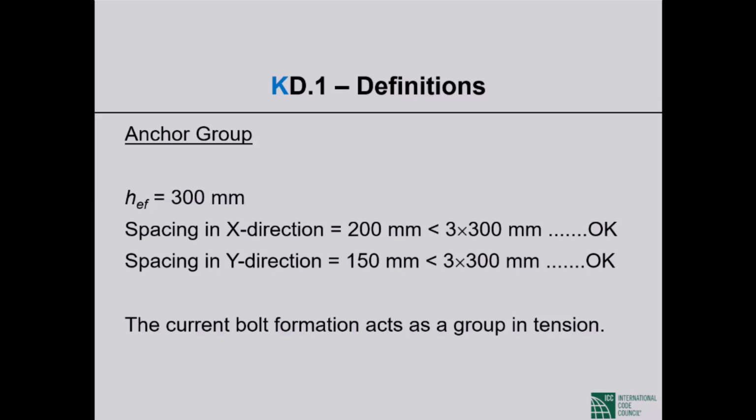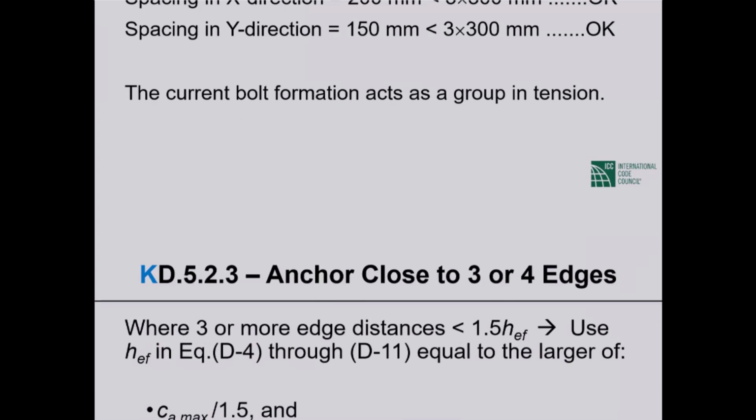And in the Y direction, we have a spacing of 150 millimeters, which is less than 3 times the effective depth of 300 millimeters. So both ways, the spacings are close, and that means that we have a group of 6 anchors, not 6 isolated anchors, nor 3 groups of 2 or 2 groups of 3. We have a group of 6 anchors.